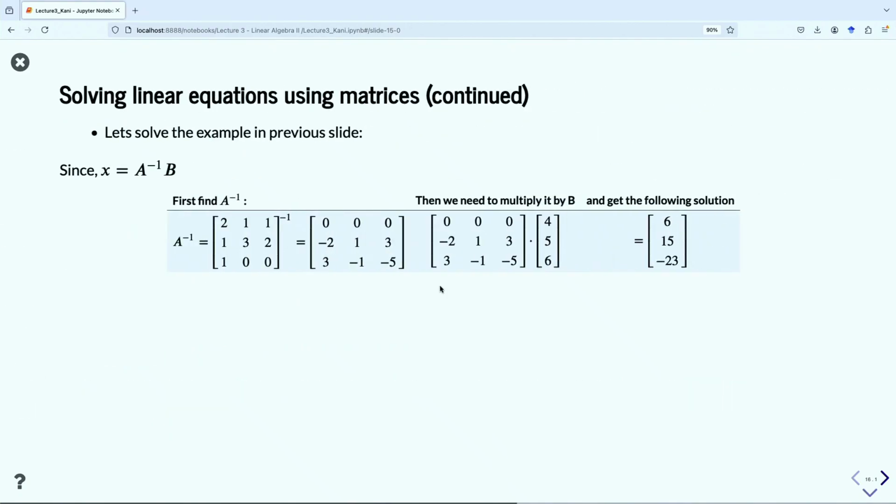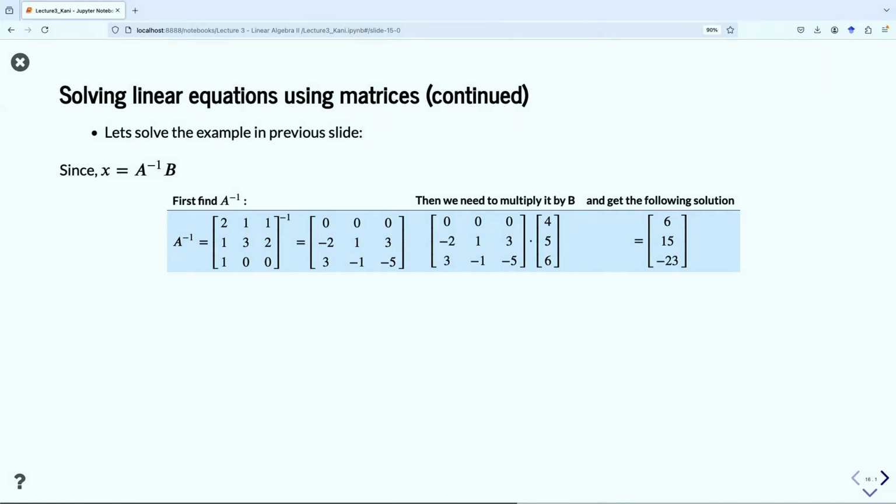So the inverse of this matrix, one thing is you've got to know how to find the inverse of this matrix, which I'm sure all of you know how to do from 257. So find the inverse of A, which is this matrix right here: 0, 0, 0, negative 2, 1, 3, 3, negative 1, 5.